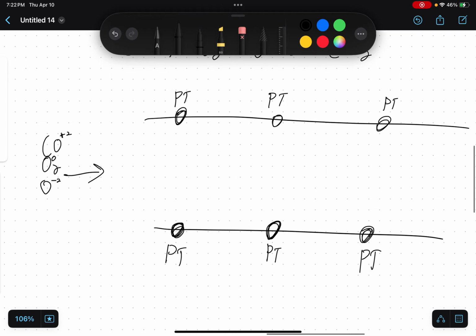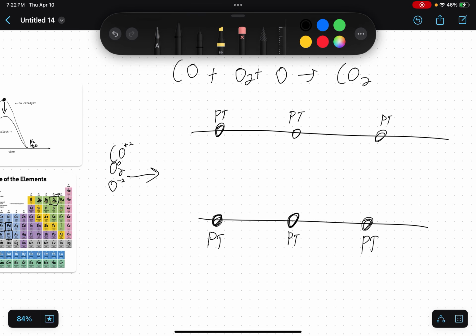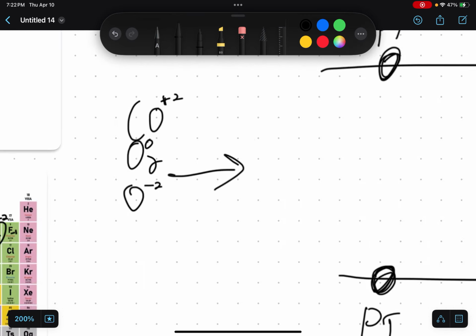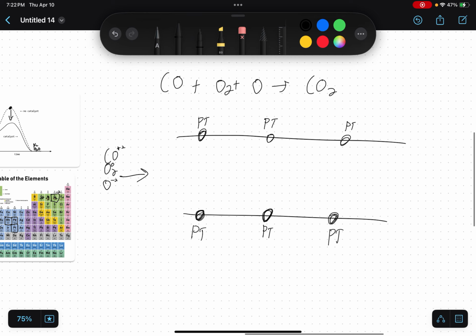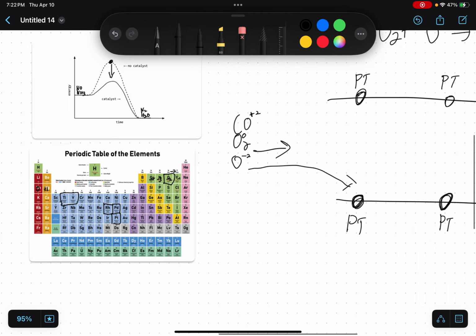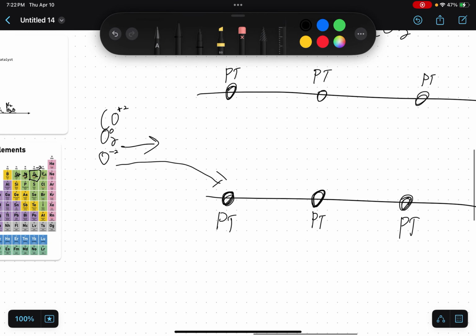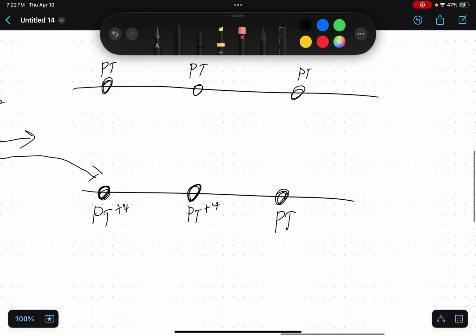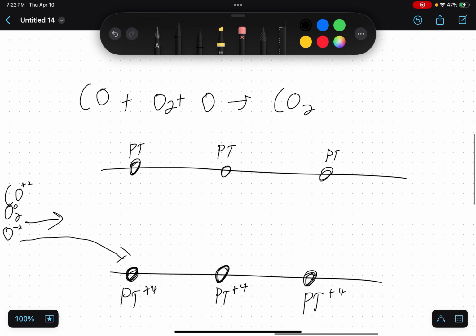The idea is, after enough of these molecules have flowed through, and a lot of them flow through because it's a car, and it outputs a lot of molecules, the free oxygen will get attracted to the Pt, which is maybe a +4. Let's assume it's the most extreme case.